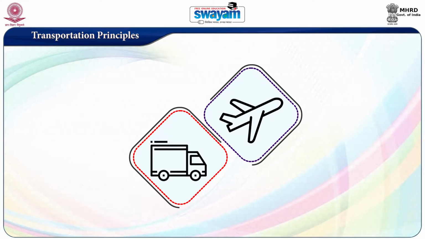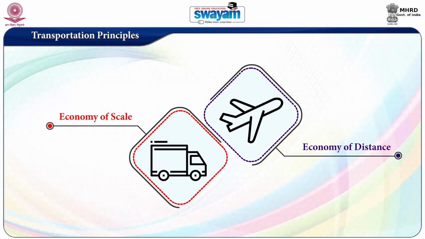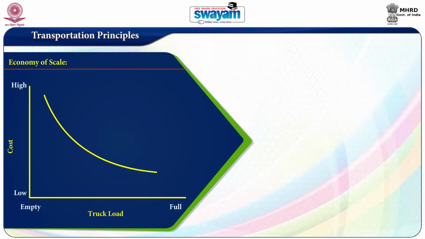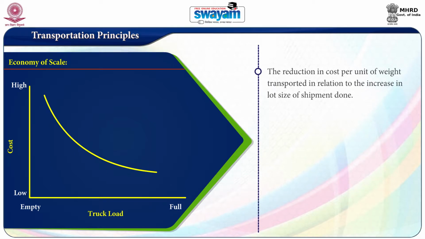Transportation principles. Transportation principles are two: one, the economy of scale, and second, the economy of distance. Economy of scale in transportation refers to the reduction in cost per unit of weight transported in relation to the increase in lot size of shipment done.